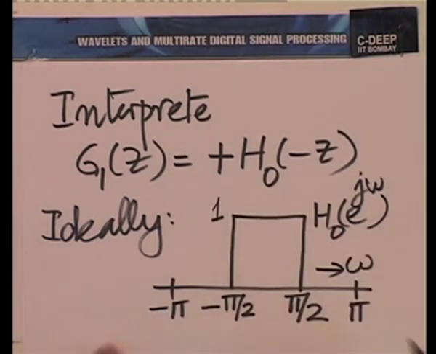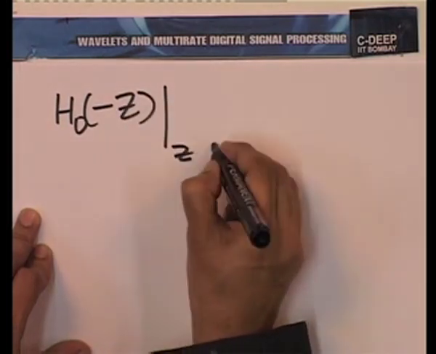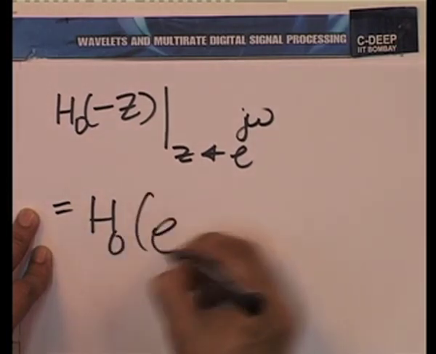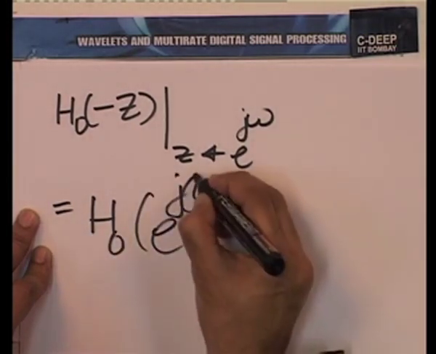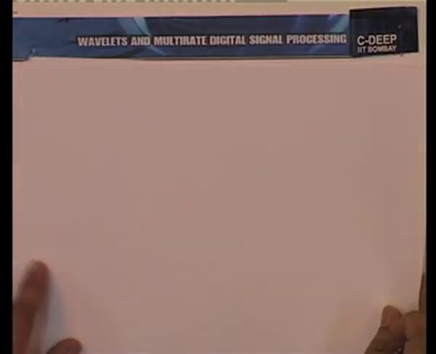This is 1, the height here. So, what would H0(e^{j(omega plus or minus pi)}) look like? Or in other words, what is H0(-z)? H0(-z) with z replaced by e^{j omega} is essentially, of course, as you know, H0(e^{j(omega plus or minus pi)}). And that, as you can very easily infer, looks like this.